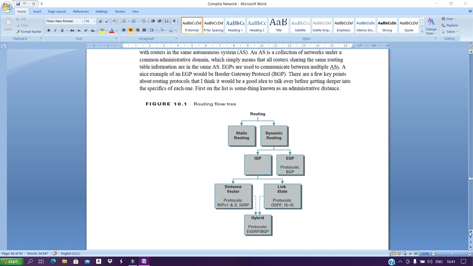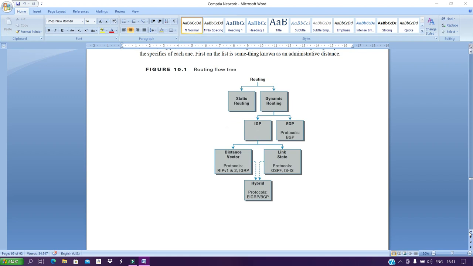So you can see here in figure 10.1 I have a routing flow tree. Here we have the start routing, static routing, dynamic routing, IGP, EGP, distance vector protocols, RIP versions 1 and 2, which is Routing Information Protocol, and IGRP, which is Interior Gateway Routing Protocol.